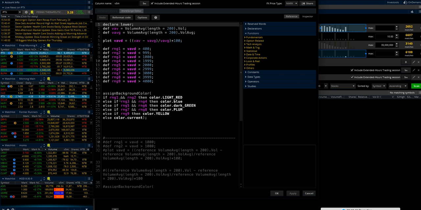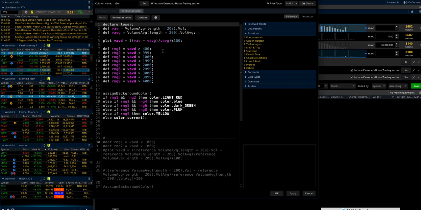If it's less than 2,000, give me this color. And then if it's greater than 2,000, give me this color. Well, it wouldn't even attempt to look at that 2,000. It would just go back to the 1,000. So anything above 1,000 would be that set color, even though I stated, give me this other color.